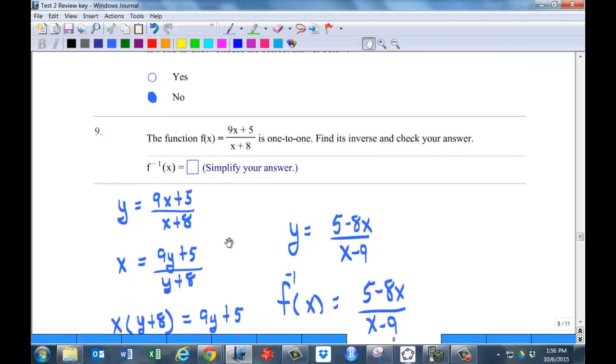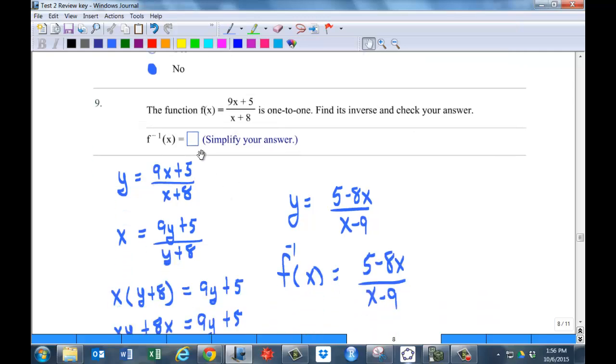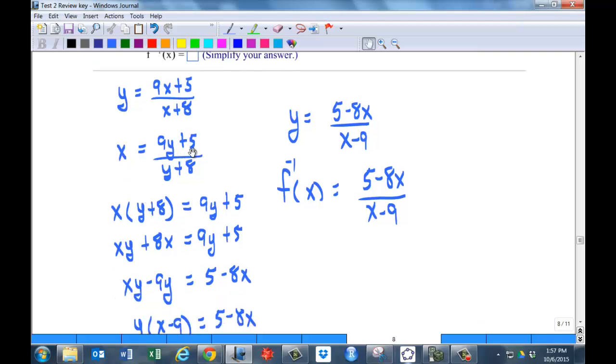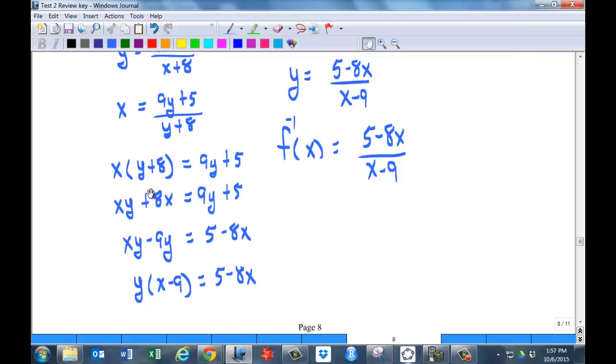So here's how we do that. Basically, we just write the function down, and we write f of x is y, of course, and then we interchange x and y. So I did that in this step, and then basically we solve for y.